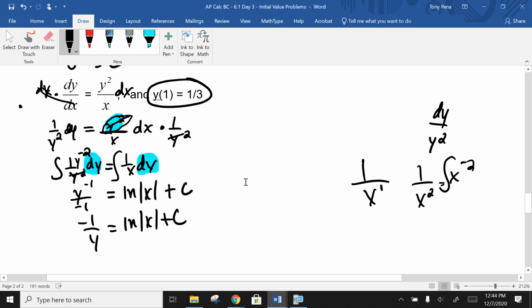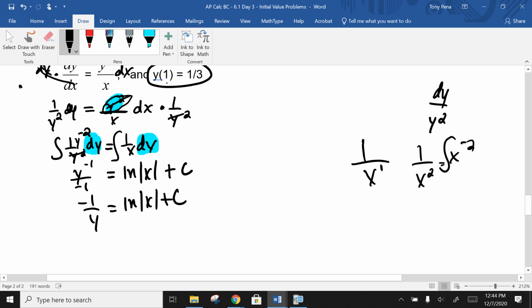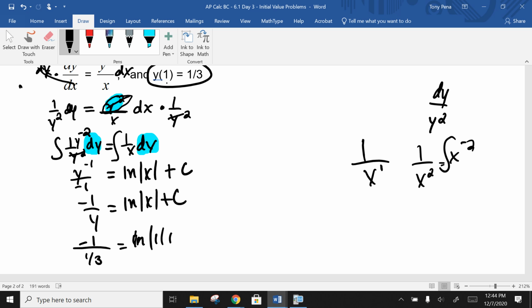All right, plug in your values now. So you let your x be a 1 when y is a 1/3. So I would get a -1 divided by 1/3, and then natural log of x, which is a 1, plus your constant.